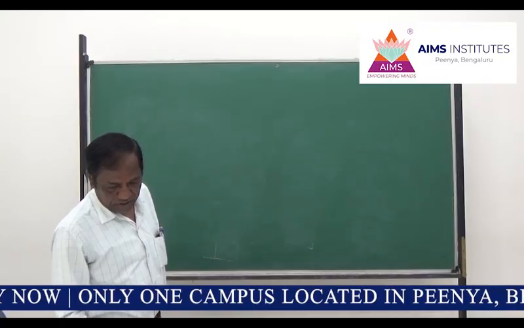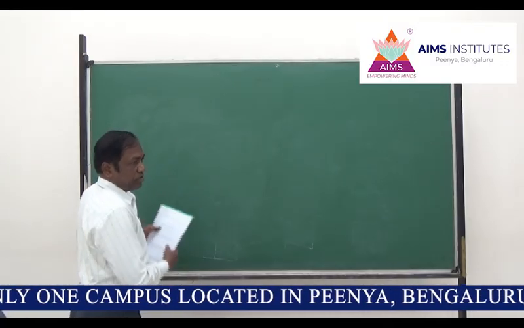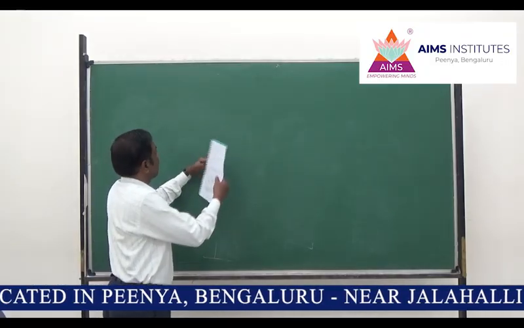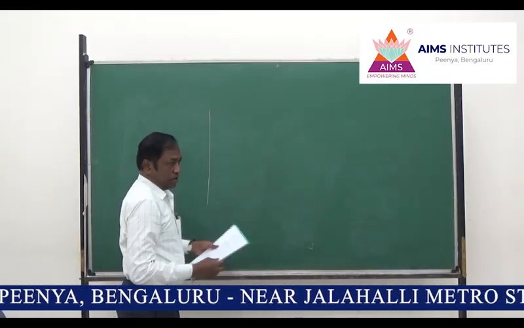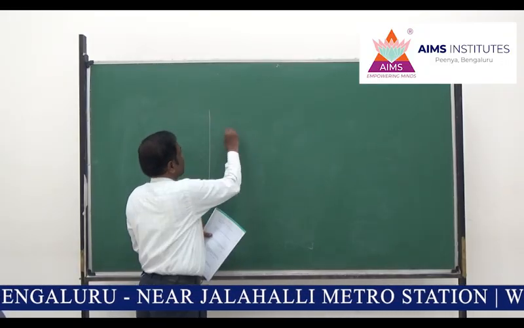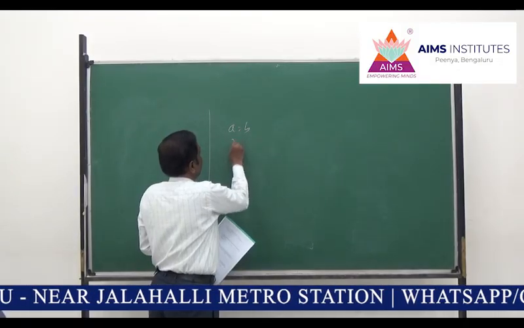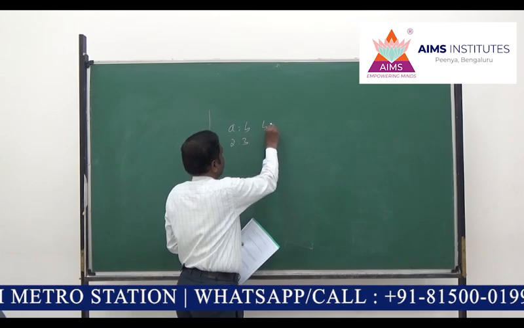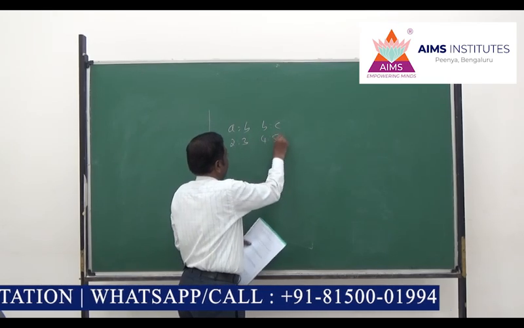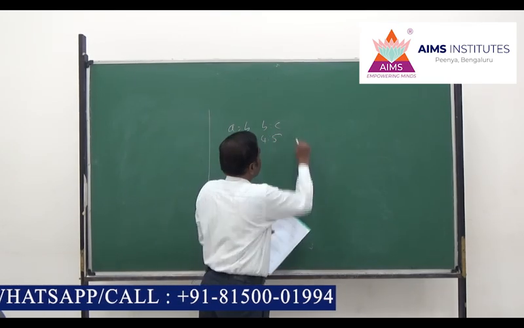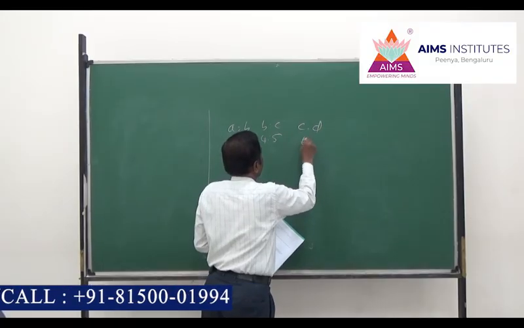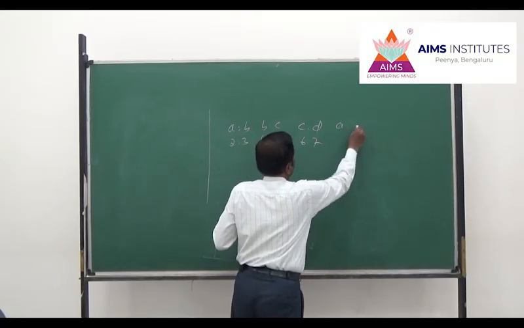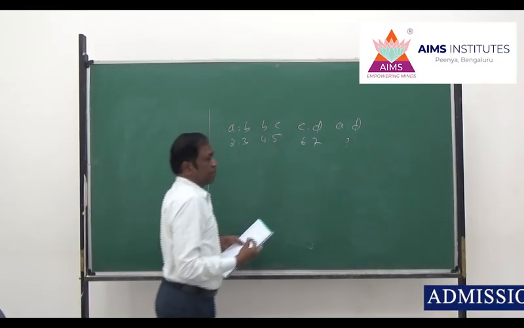Next, if A is to B is 2 is to 3, B is to C is 4 is to 5, C is to D is 6 is to 7, then what is A is to D?